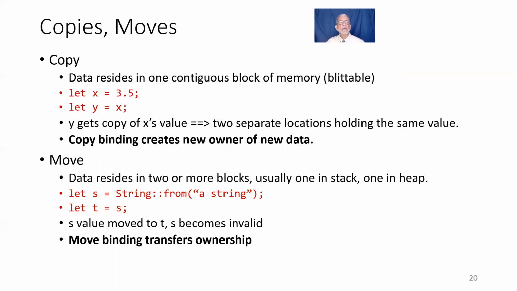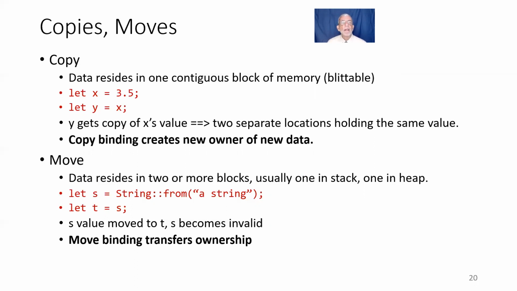Now there's another thing we need to think a little bit about, and that's copying and moving. If a value has all its bits contained in one contiguous block of memory, it's blittable, meaning that we could do a memcpy, just a raw copy of those bytes someplace else, and wind up with a valid object.